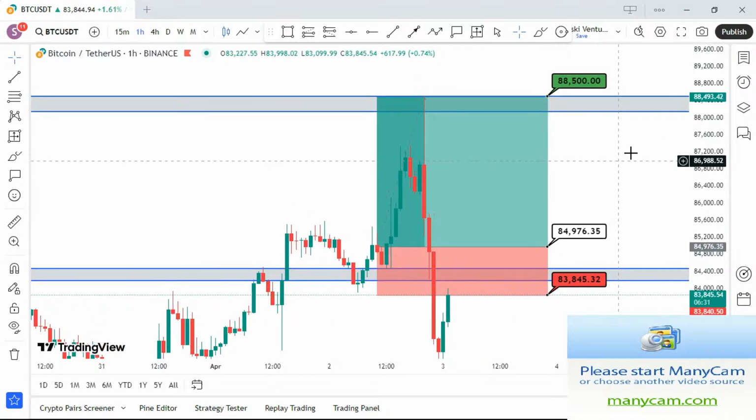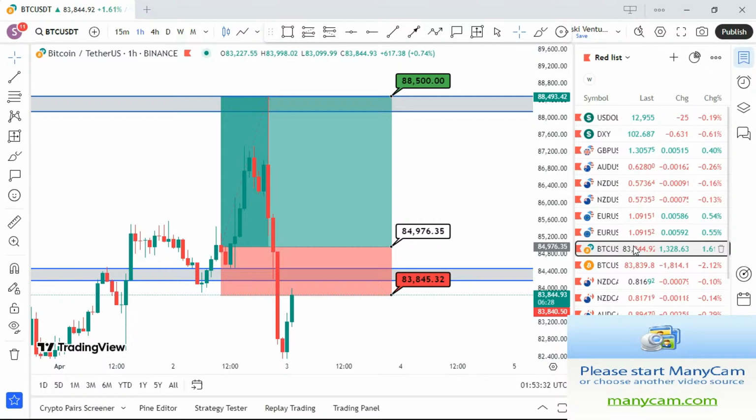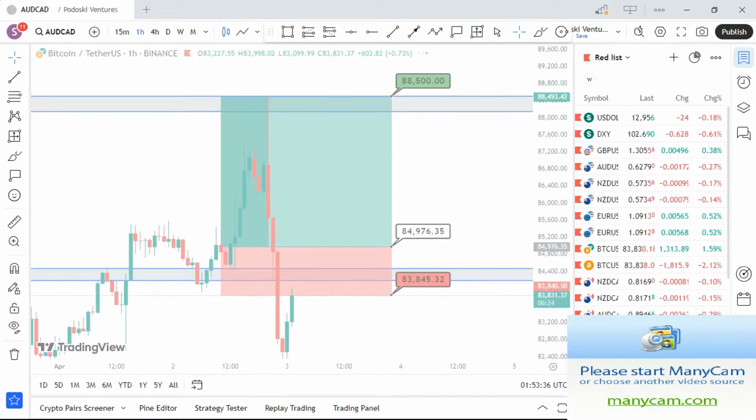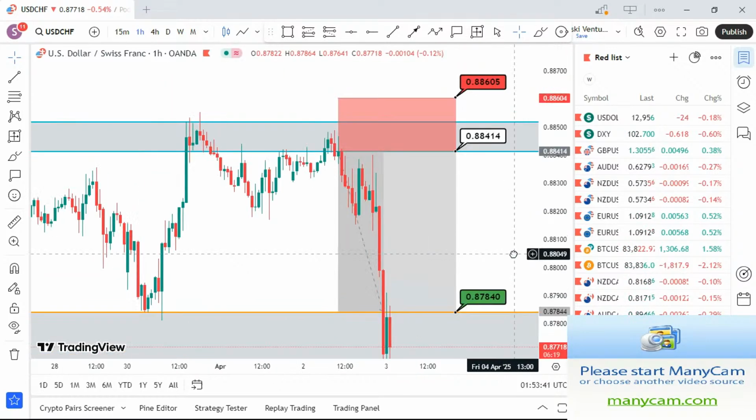And this was also another win today on USDCHF, and it was massive. Like I said earlier, this week has been a really great week.